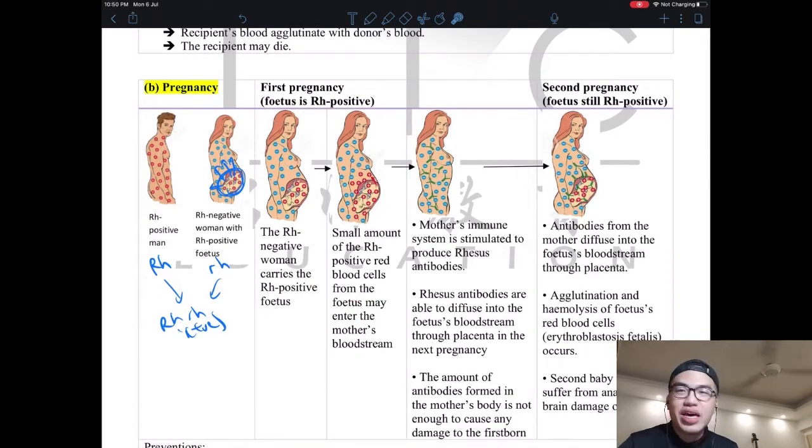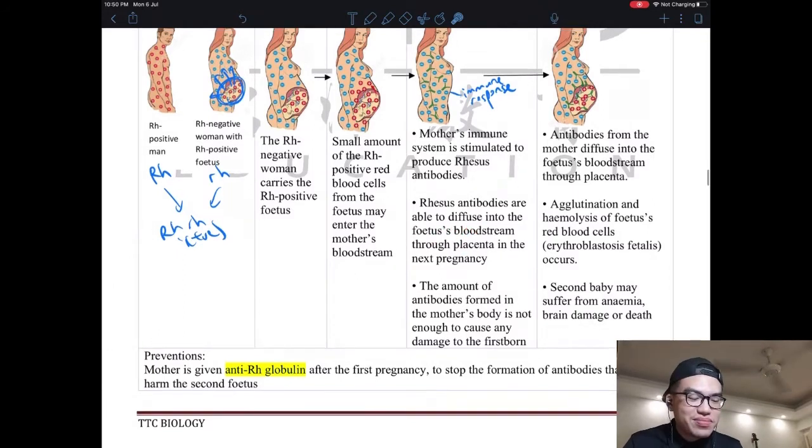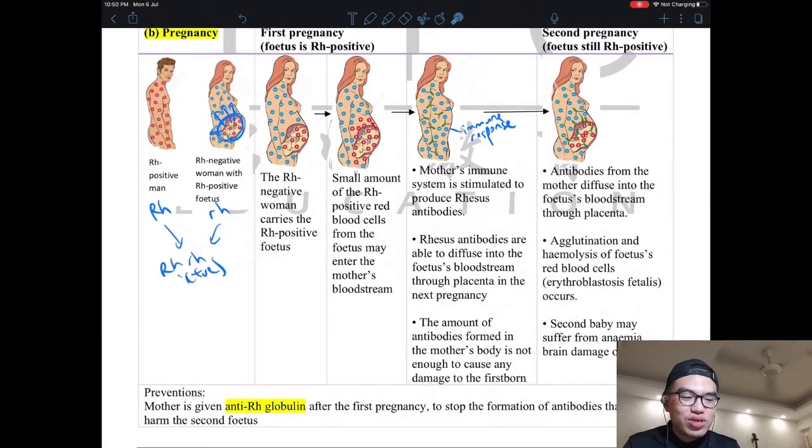The mother is an adult, so the mother will do an immune response, which means the mother will start producing antibodies to fight the rhesus positive blood. These antibodies are able to diffuse into the fetus's bloodstream through the placenta. So this antibody will start to go and attack the fetus.